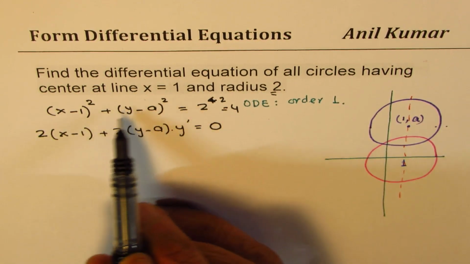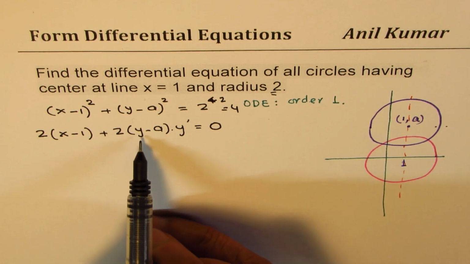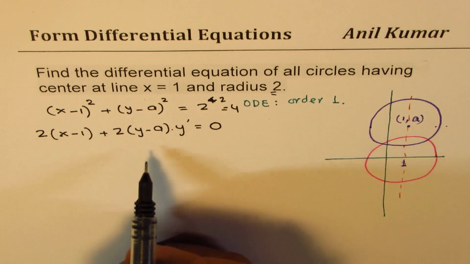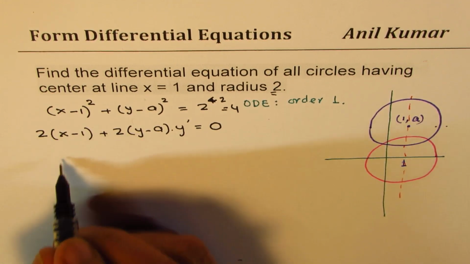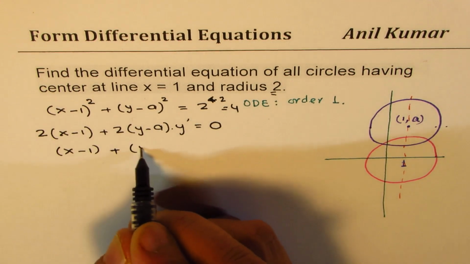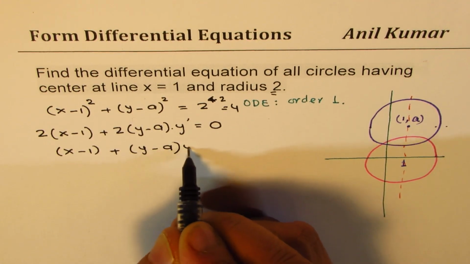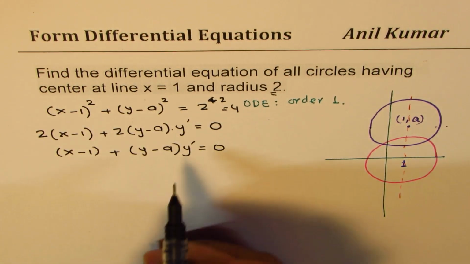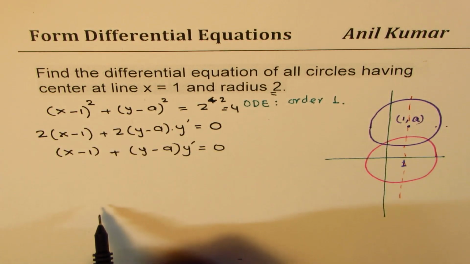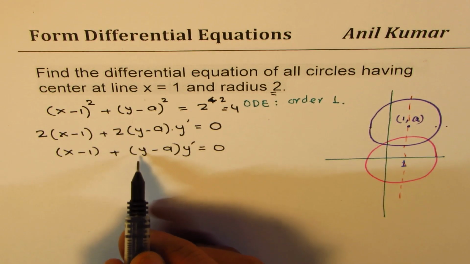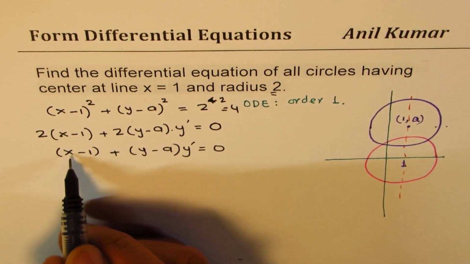So from this particular equation, we can actually find what y minus a is, right? First let's cancel these 2's. So we are left with (x minus 1) plus (y minus a) y prime, which is the derivative of y. You can write dy/dx. Now let's take this to the other side.